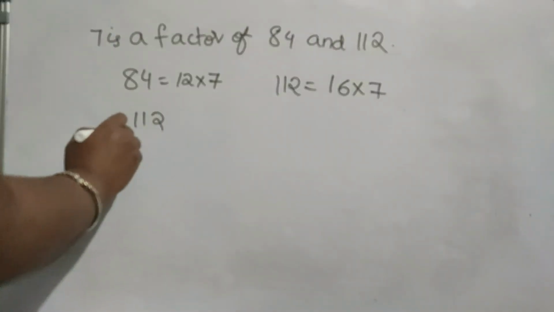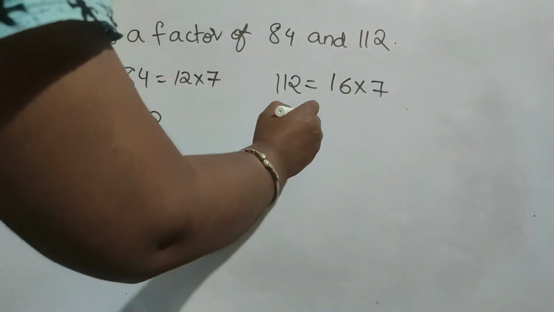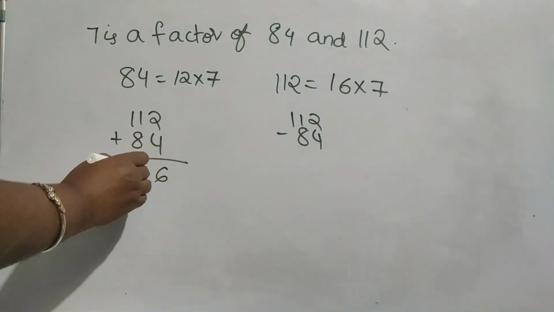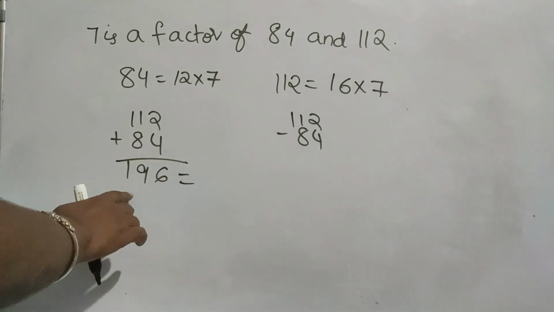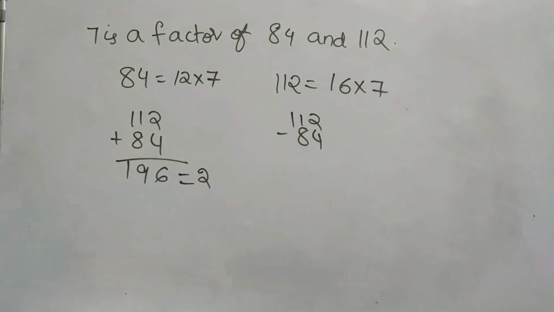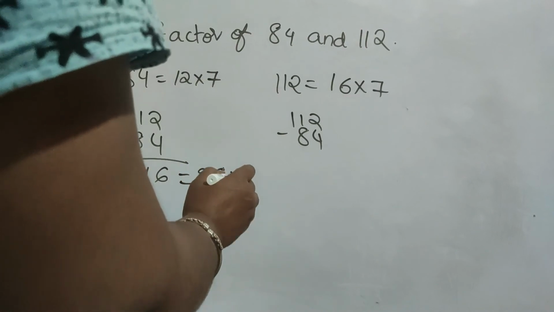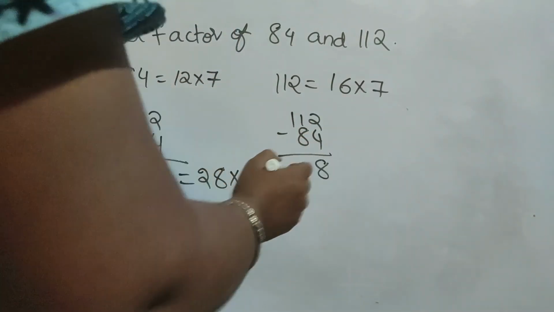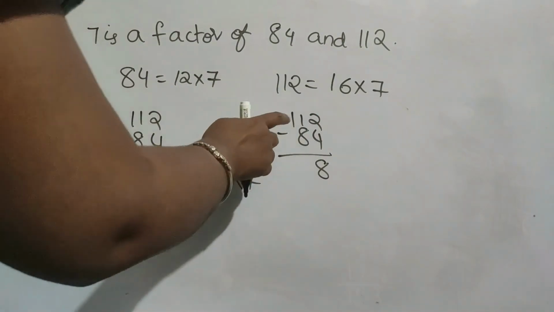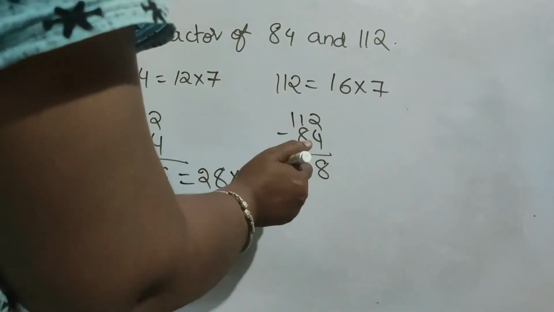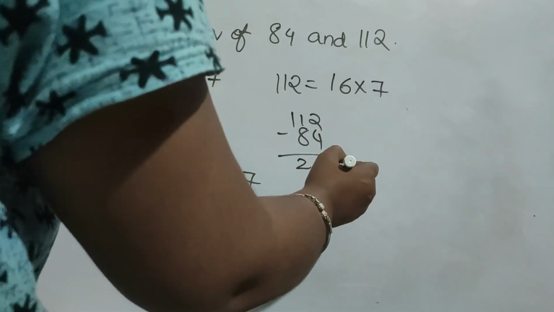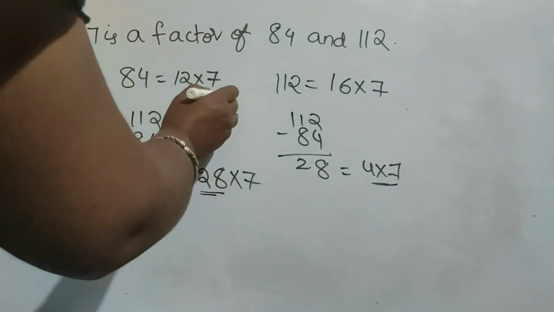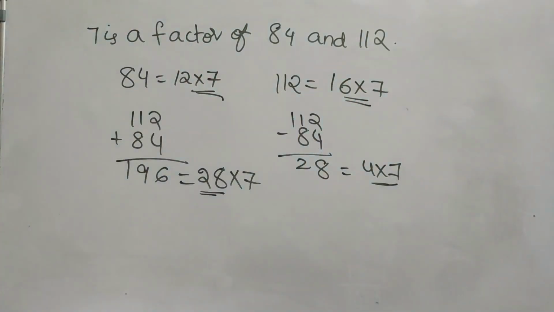Now 112 plus 84 is 196, and 112 minus 84 is 28. 28 sevens... 4 sevens are 28. 2 sevens are 14, 8 sevens are 56. These are all multiples of 7.